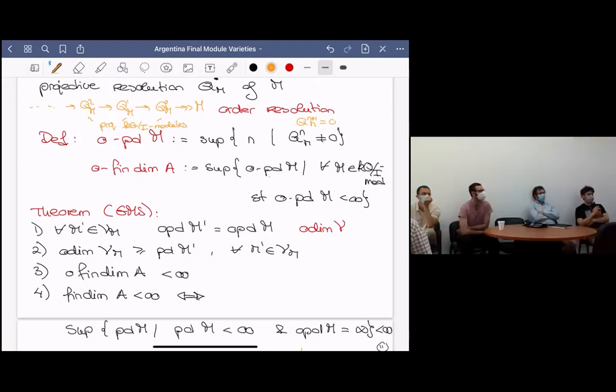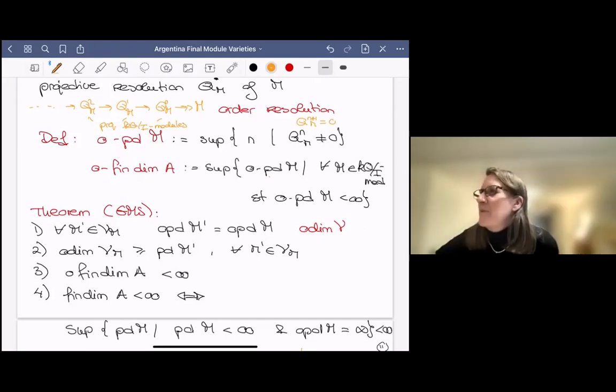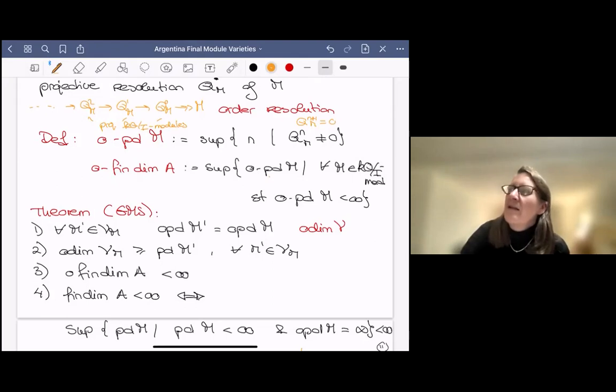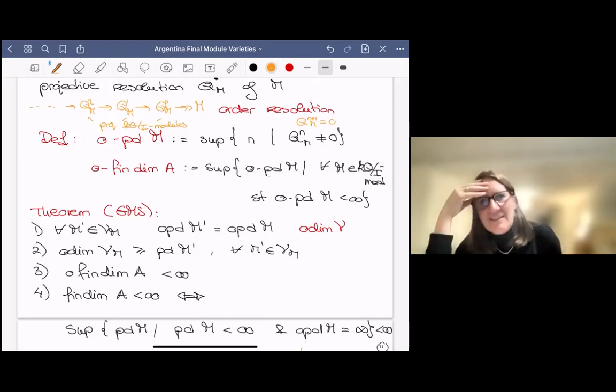I see. And do you know what the orbits look like? Any idea? It's very abstract, because it's a subgroup of the automorphism group of the projective. We can't really say much.